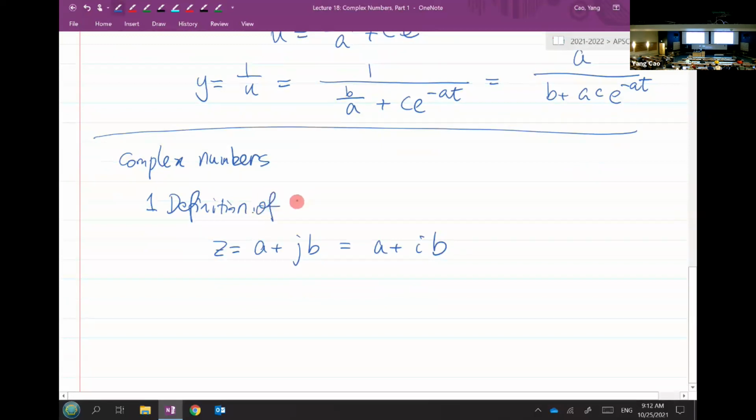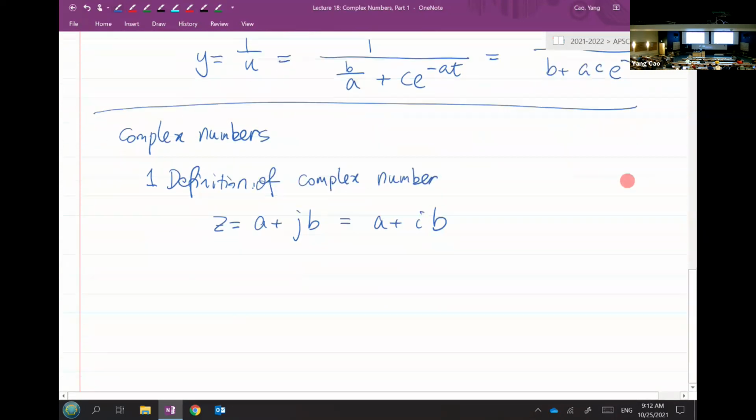Let's call this the definition of complex number. So what are we looking at here? Z is just a symbol representing this complex number. And in what we're writing down here, there are two terms. We call one the real number, and the other one the imaginary number.